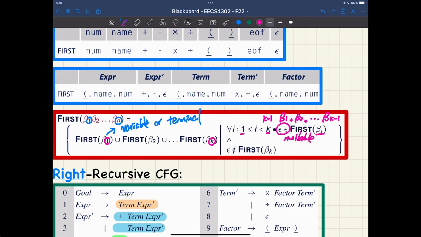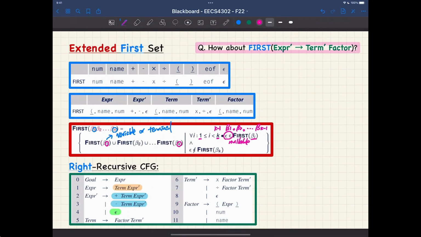What will be the consequence when these components are nullable? For example, let me write it down again so you can see it more easily. If A produces beta 1, beta 2, all the way to beta k minus 1, beta k, all the way to beta n, that's the original input. Let's say up to this point every one of the components is nullable.